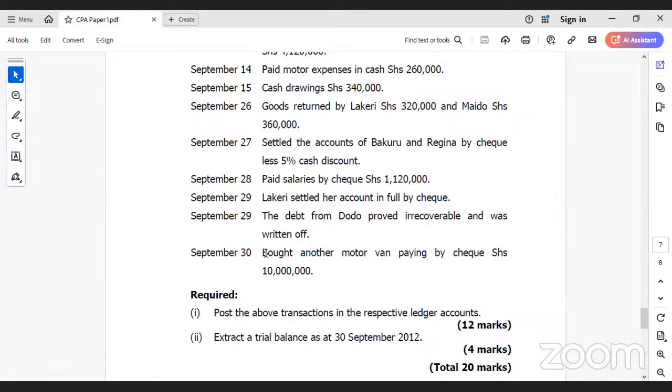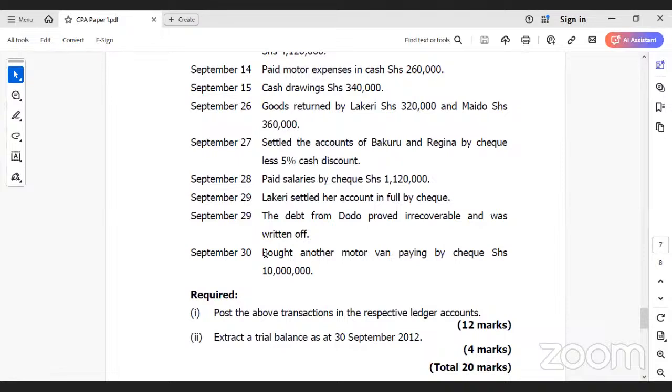That is known as an error of omission, whereby you completely omit the transaction from your records. So that error cannot be revealed by the trial balance, Emma. Then the other error which cannot be revealed by the trial balance.